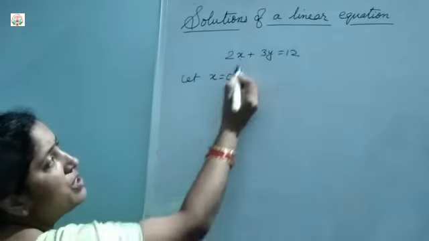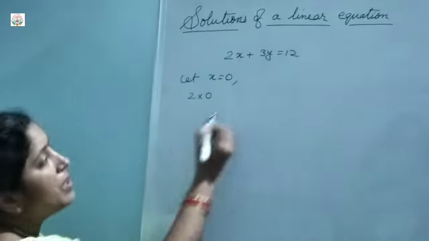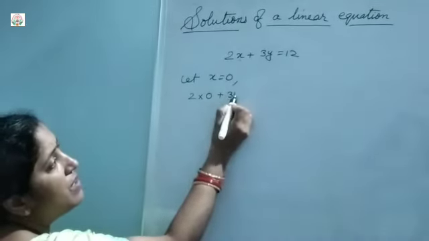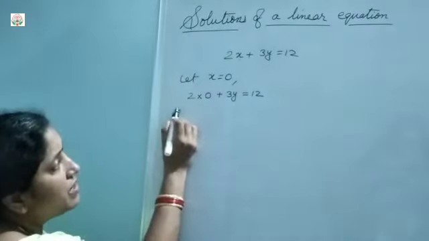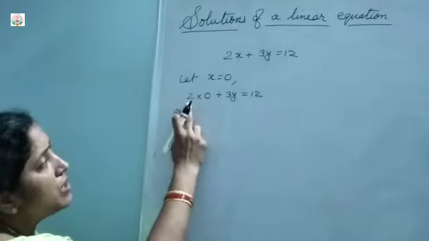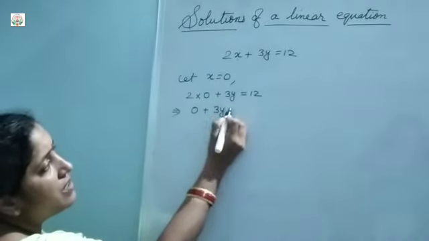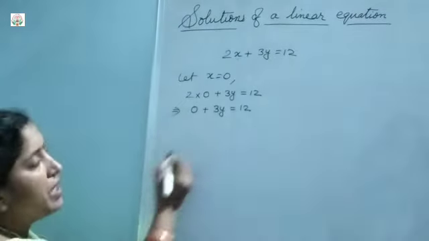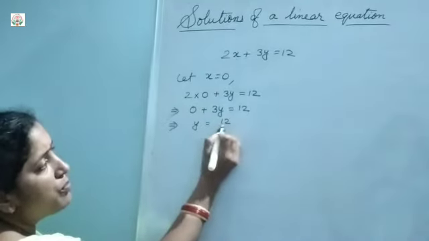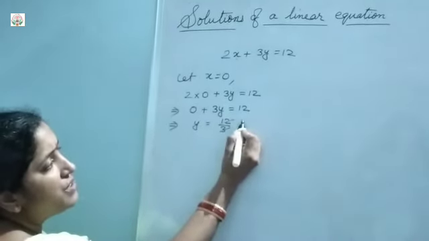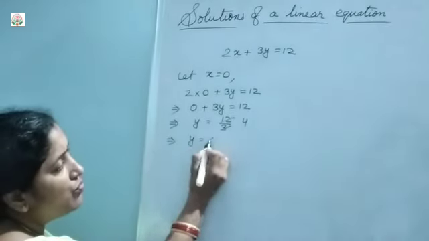So 2 into 0 plus 3y = 12. 2 into 0 will be 0 only, plus 3y = 12. Solve for this, y = 12 upon 3. On cancellation, you get 4. So y = 4.